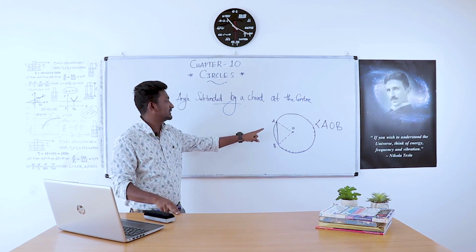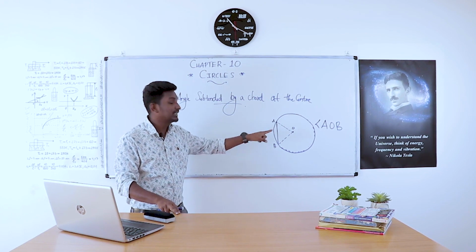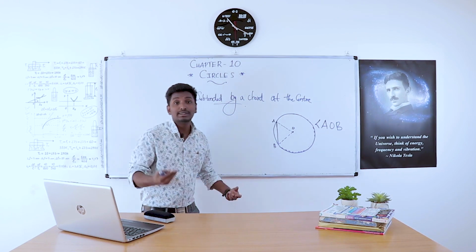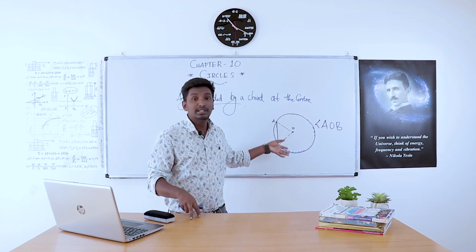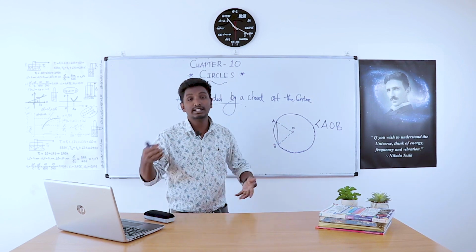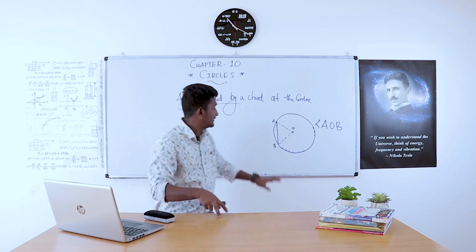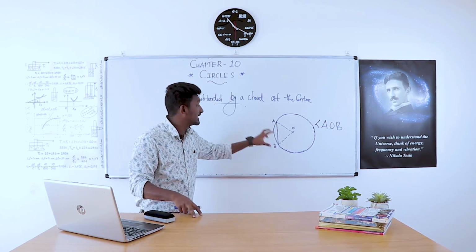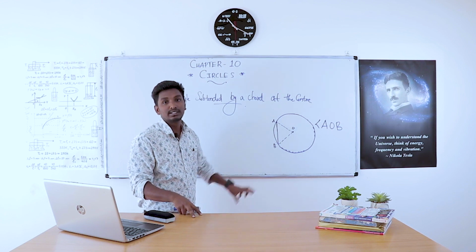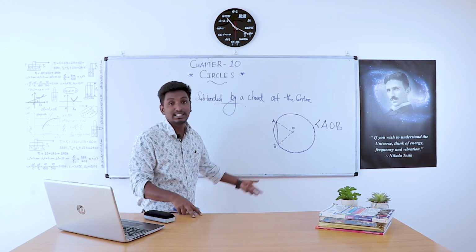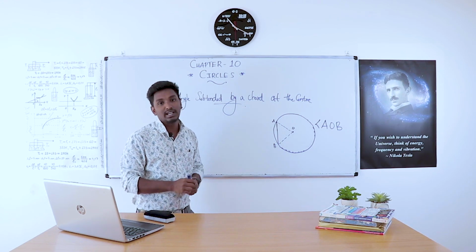So in this case, for the angle subtended by the chord at the center, we cannot give an accurate value. Maybe it is 50 degrees or 60 degrees, 70 degrees, 80 degrees or 45 degrees. We cannot give an accurate value, but we can give a general statement related to this condition.